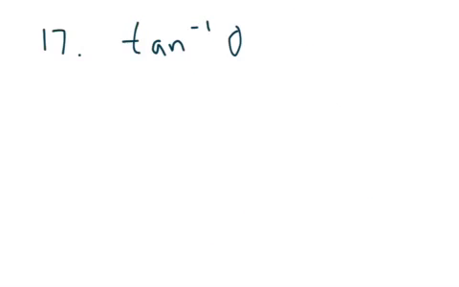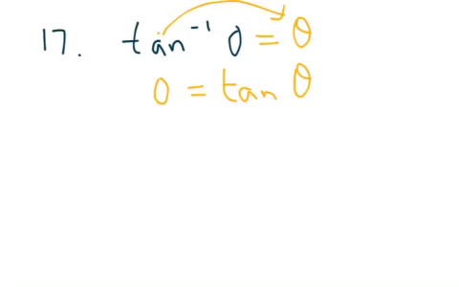Okay, for tan inverse, again we're going to set this to theta. You take tan of both sides, but you don't have to show your work on that. You can just move tan over here and say 0 equals tan of theta. So I took away the inverse.